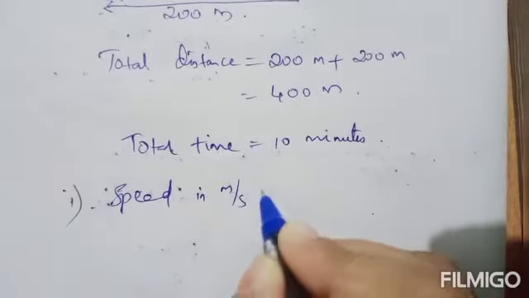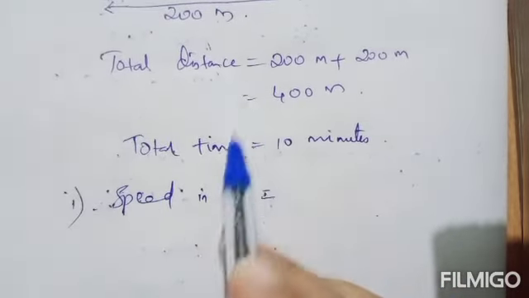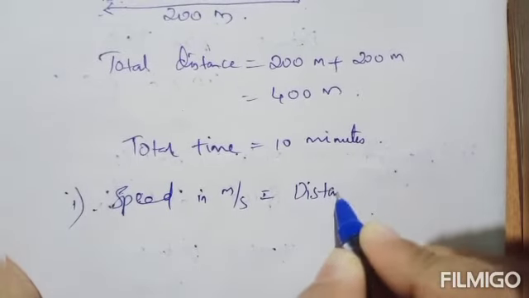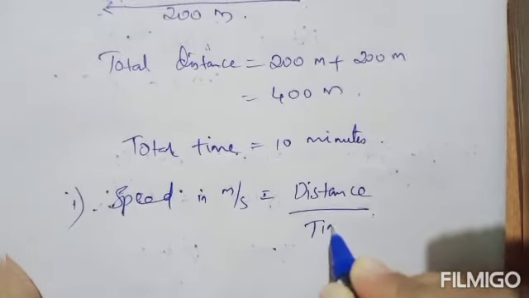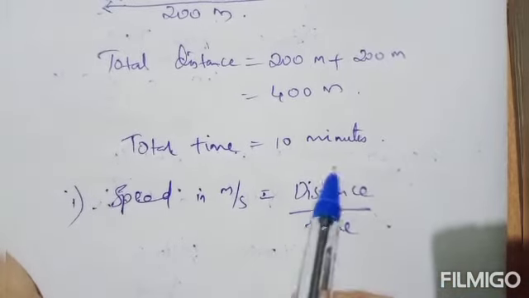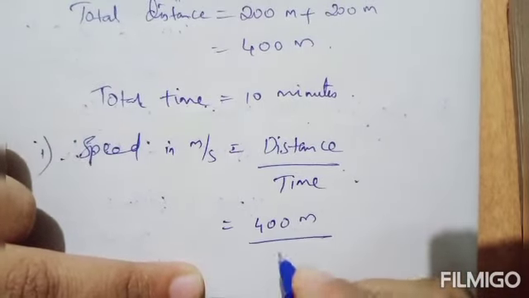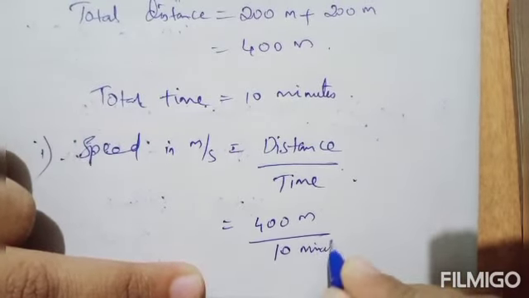First one. So if distance and time is given, how can you find the speed? It is distance by time. Okay, speed equal to distance by time. Now distance it is 400 meter by time it is 10 minutes.